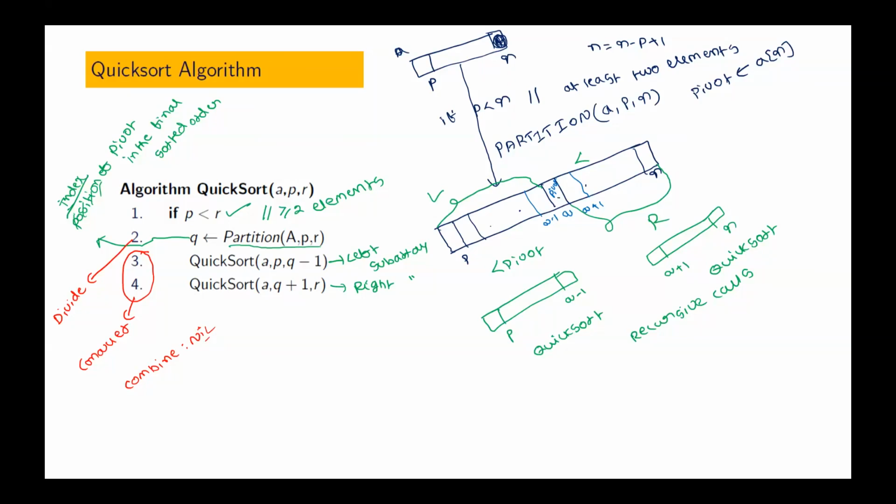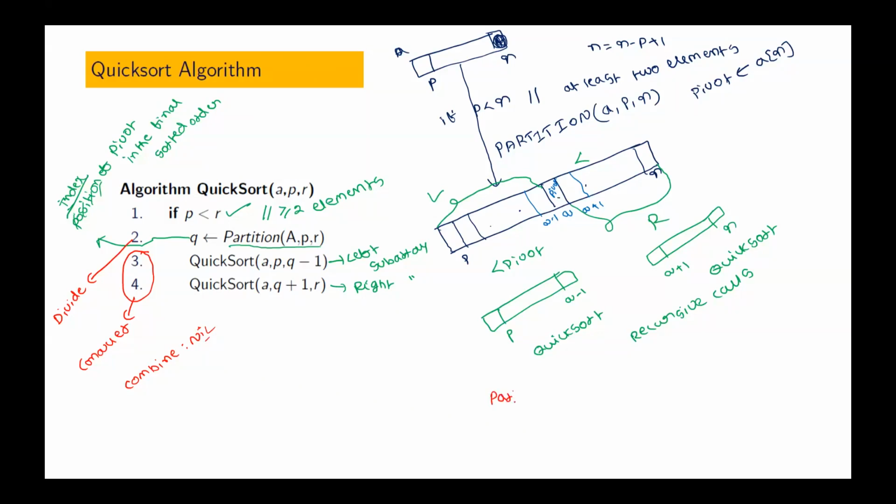If you call the partitioning procedure once, how many elements go to their own position in the final sorted order? One element. At least one. Sometimes it can be even more than one.